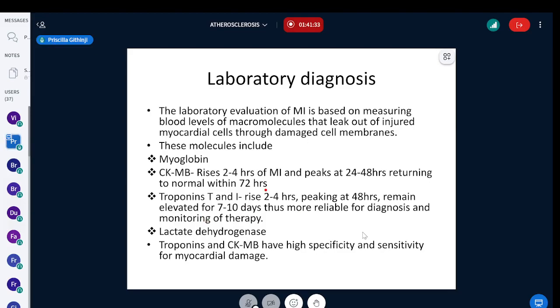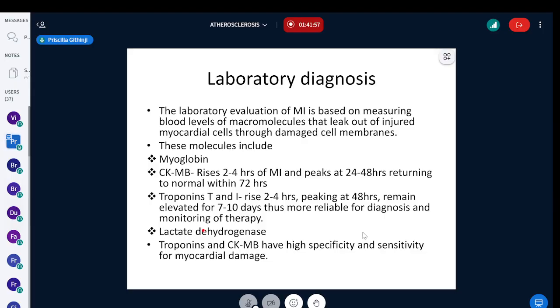So if you diagnose a patient as having a myocardial infarction, you want to measure the troponins. Are they going down? Then that shows that the treatment is effective. If the troponins are not going down and instead they are rising, then it means maybe there's reinfarction or the occlusion was more severe than the doctors had anticipated.